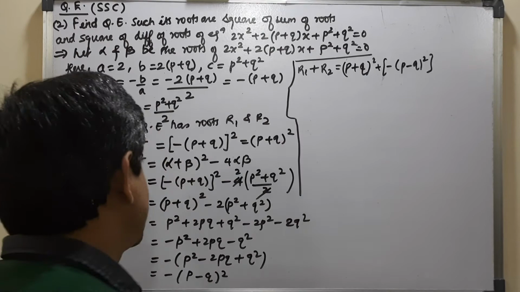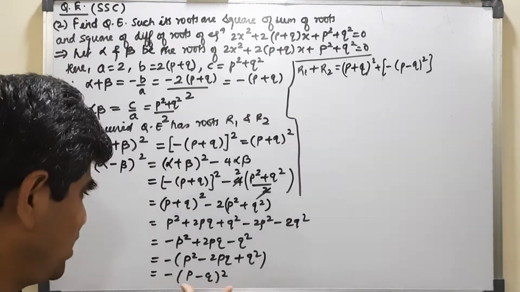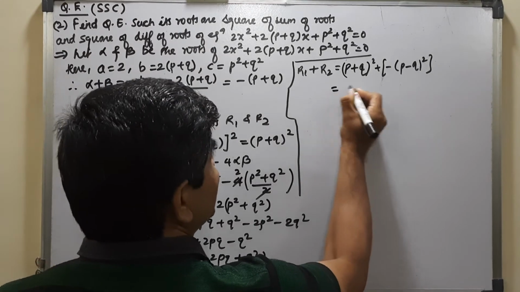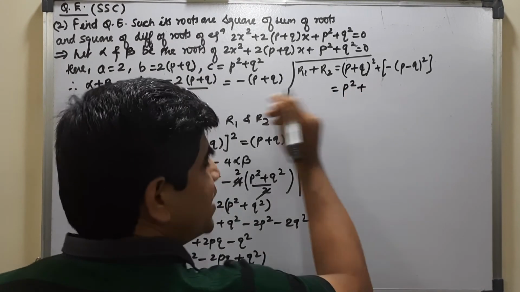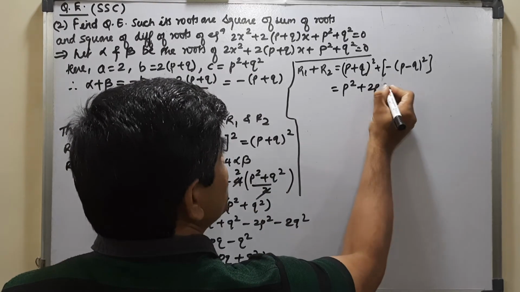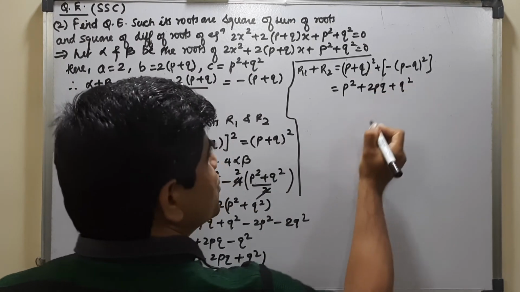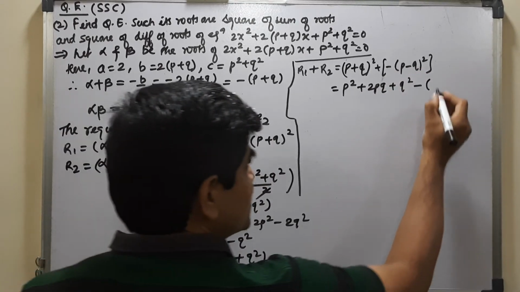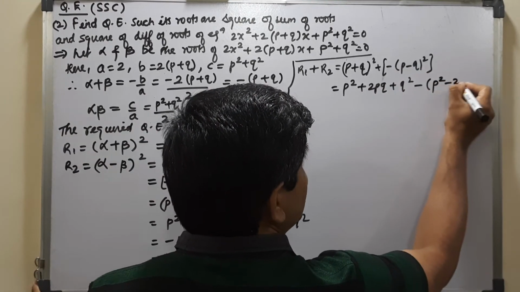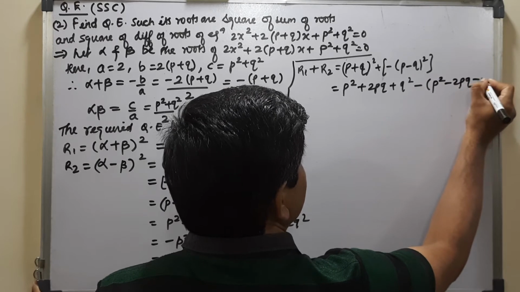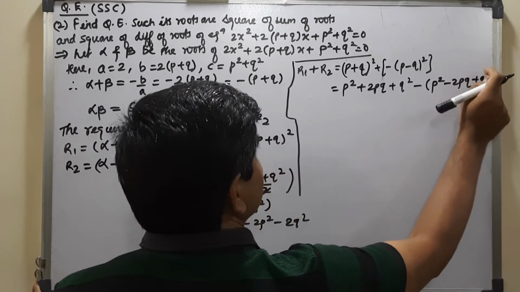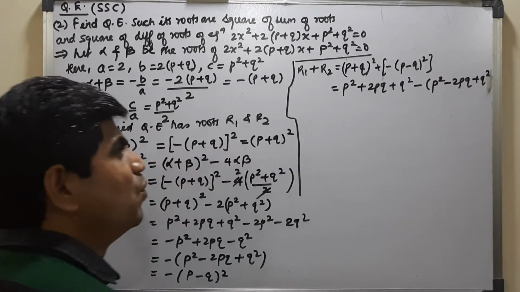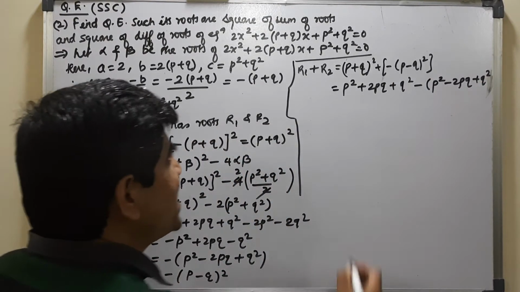This is not from here square, only this p minus q the whole square. So when I expand this, I get this as p square, explained already, is 2pq plus q square, and this minus sign, plus into minus is minus, this will become p square minus 2pq plus q square. So when I open the bracket, what do I get?